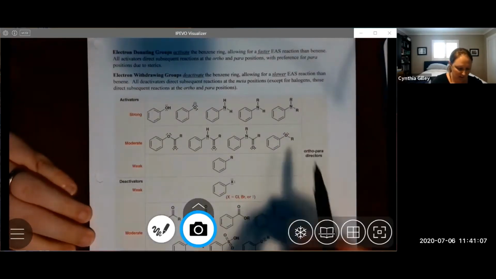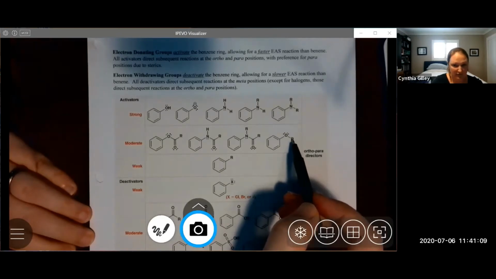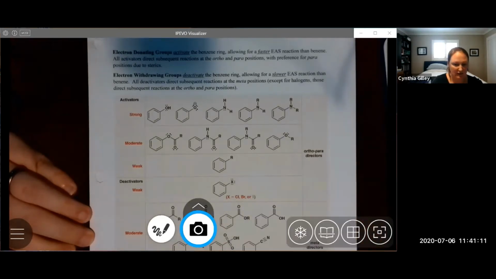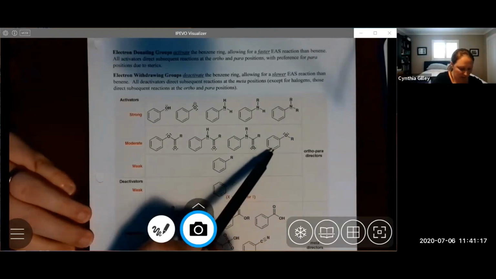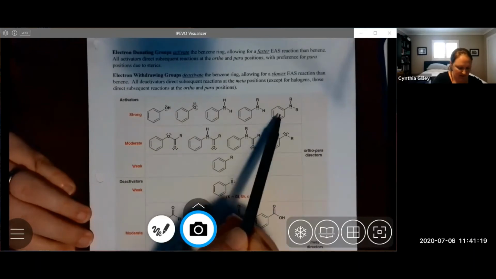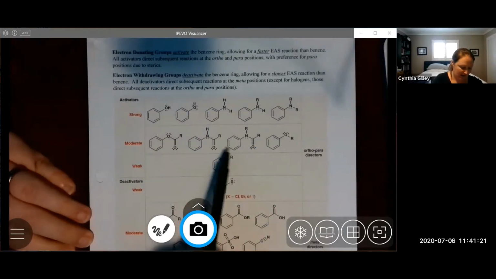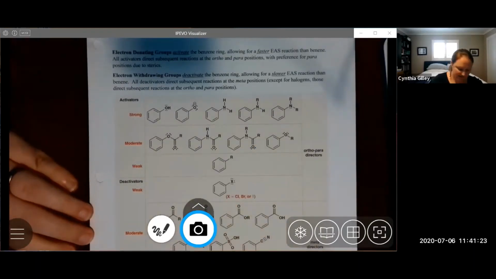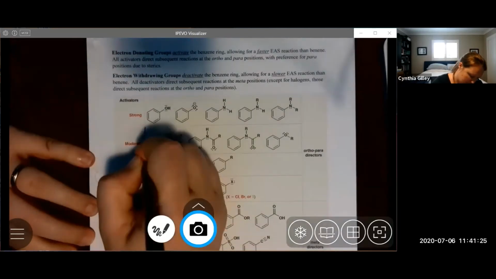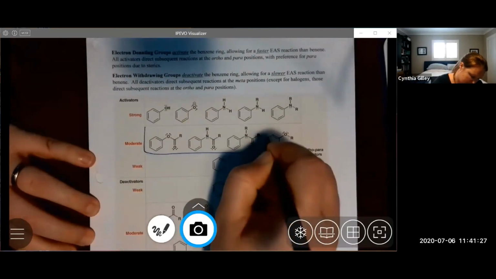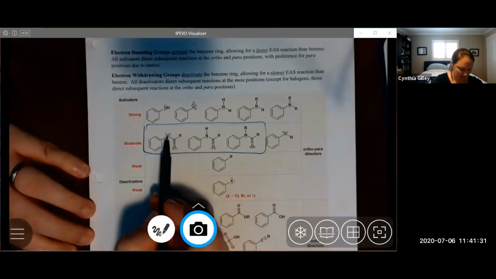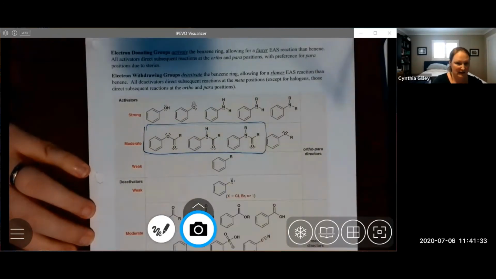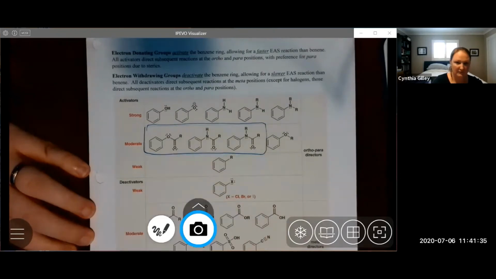This R could be any alkyl group and even a phenyl group. But you're right that structurally it more closely resembles these than it does these other three. I would kind of group these three together. Structurally, they're very similar. They have either a nitrogen or oxygen with a lone pair directly attached to the ring, followed by a carbonyl.